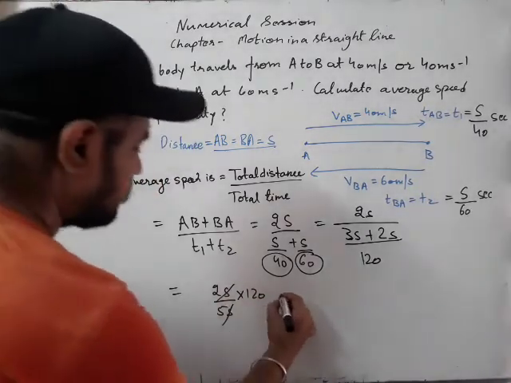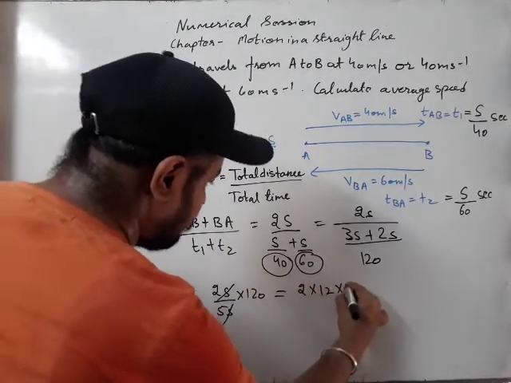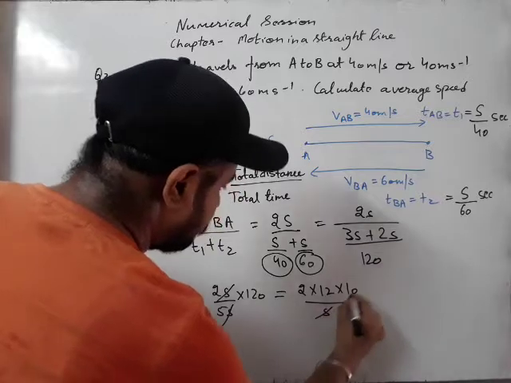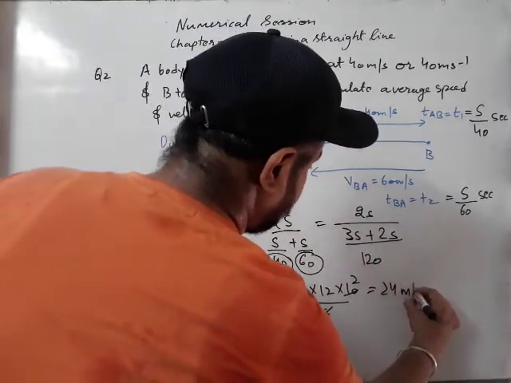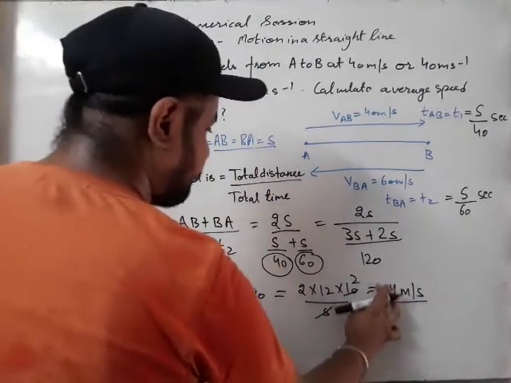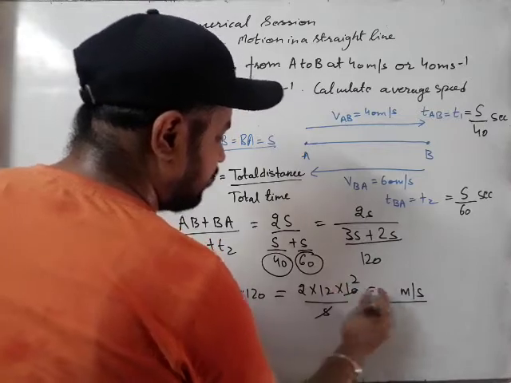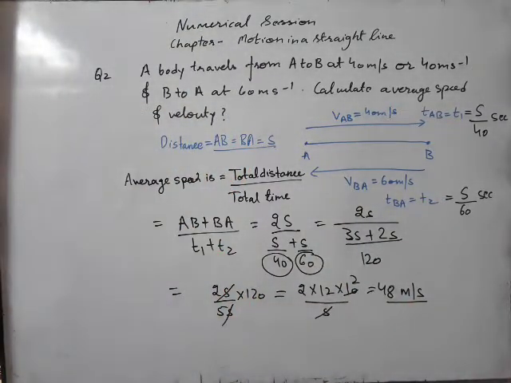S and S cancel, making the calculation a bit easy. That will be 24 meter per second. No, not 24, it will be 48. 12 into 4 will be 48. 48 meter per second will be your answer for the speed in this question.